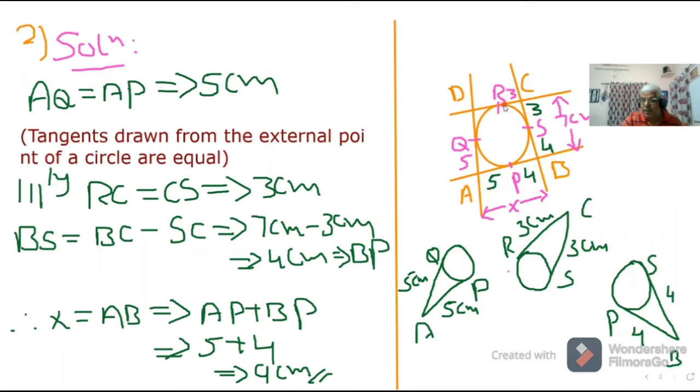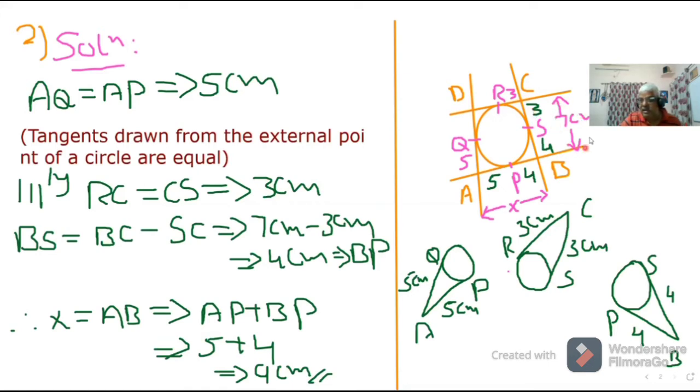Next, second one. RC and SC I took equal because C is the external point. CR and CS are the tangents to the same circle from the external point C. Therefore, RC and SC are equal, both of them equal to 3 centimeter.